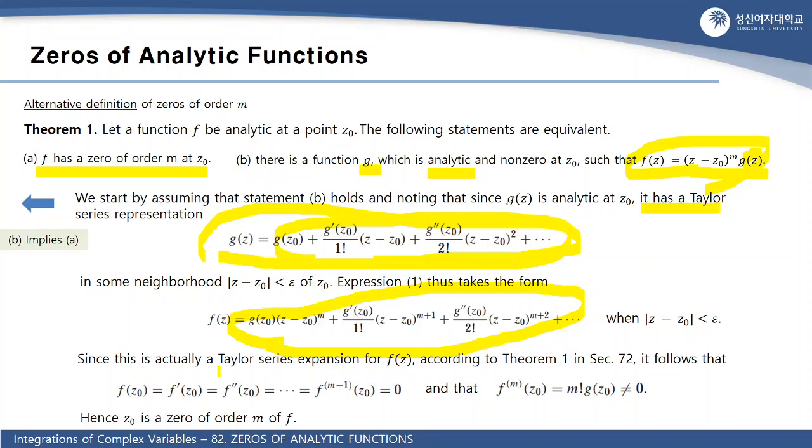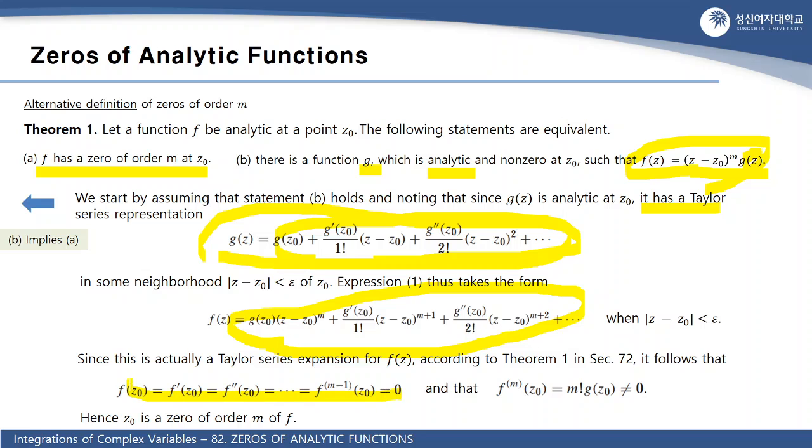Since this is actually a Taylor series expansion for the function f(z), according to theorem 1 in section 72, it follows that the terms with degree k less than m are all zeros.